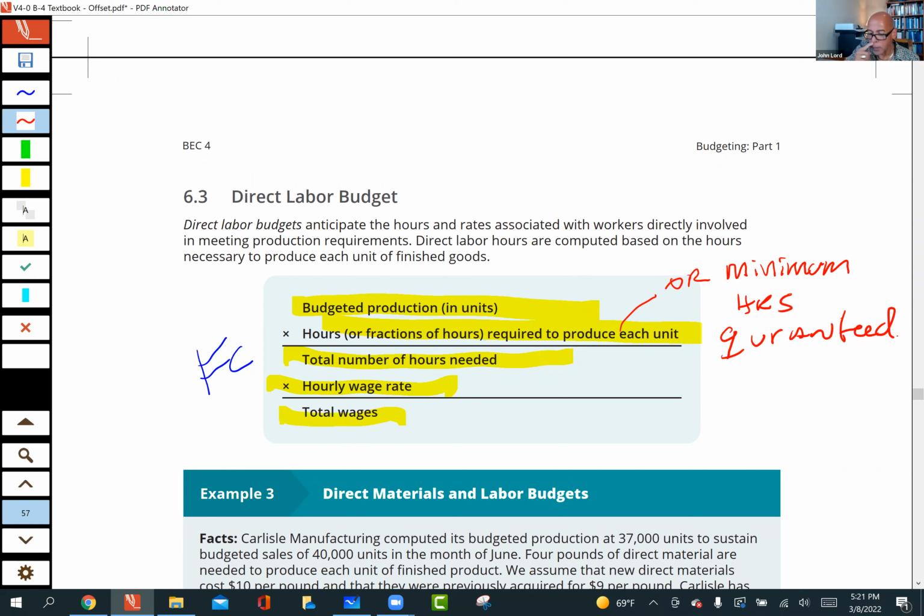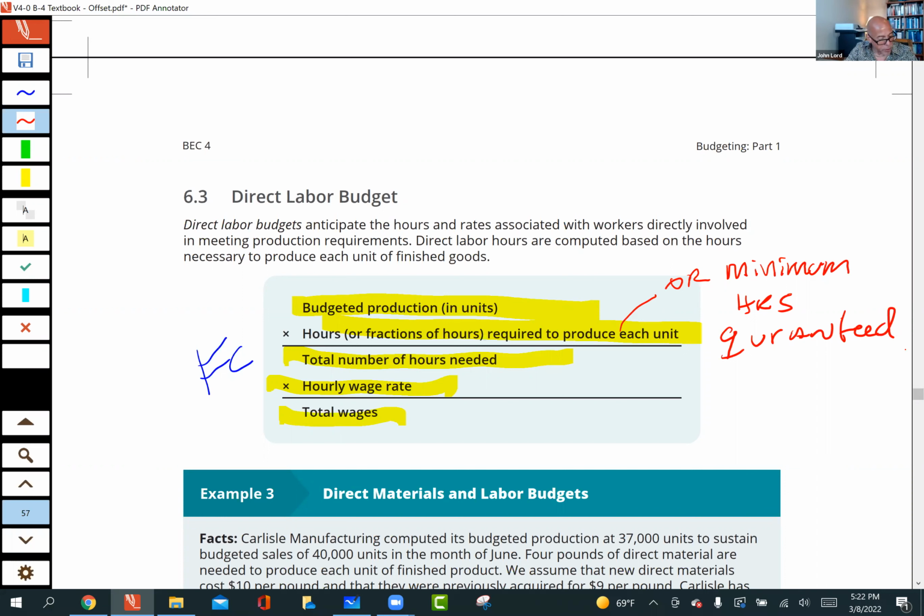Well, if we promise all of our employees a 40-hour working week, and we don't need 40 hours times the number of employees to produce the number of units for that period, we're not going to send them home. We'll give them maybe some other tasks to do that don't directly translate into number of units, then you'd have to pick up that minimum number of hours guaranteed. So it's the larger of the actual number of hours needed to produce the number of units, or the minimum, whichever is larger.